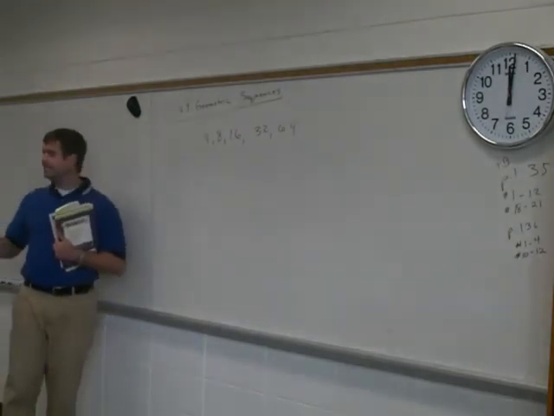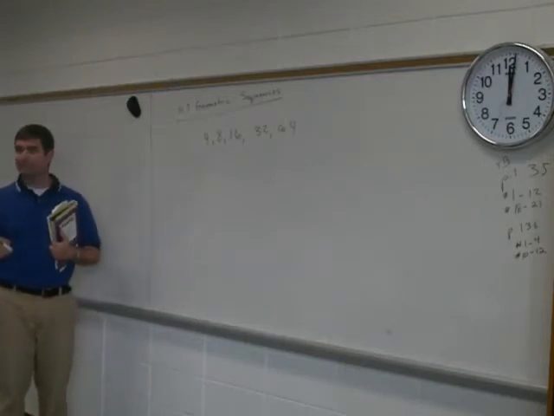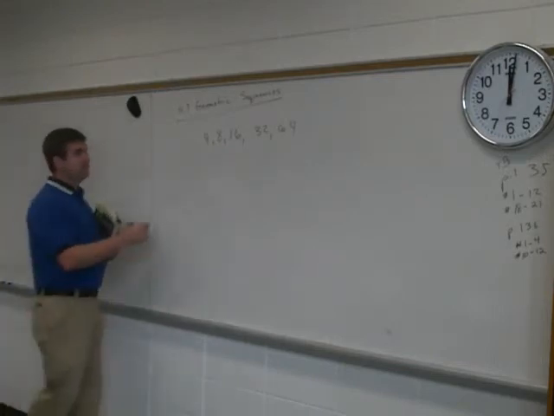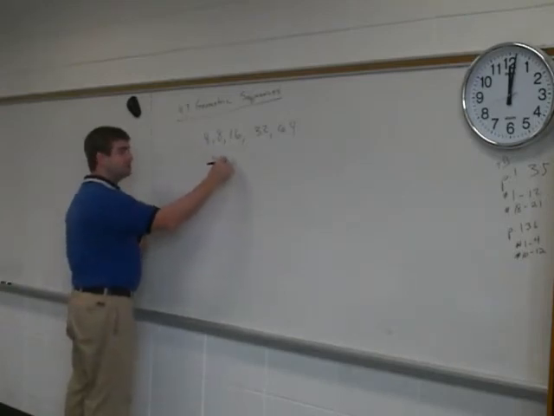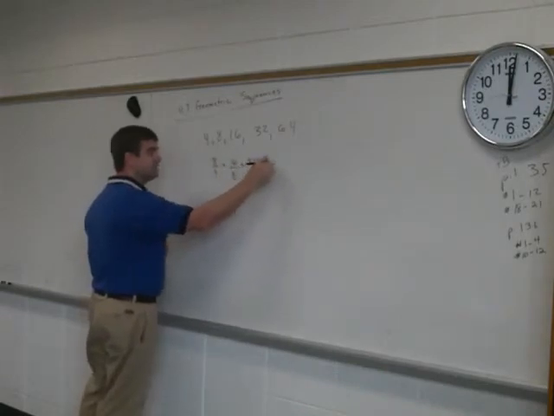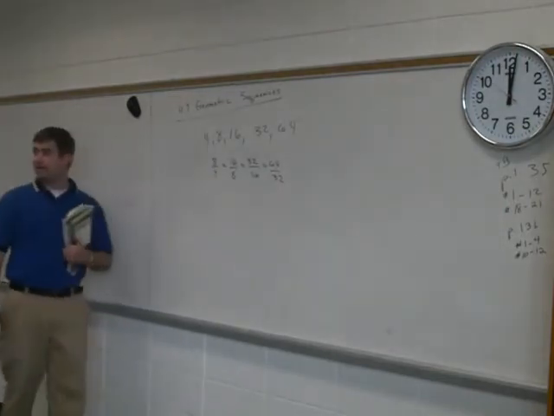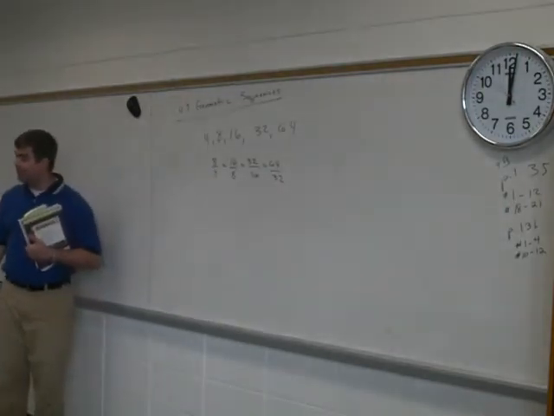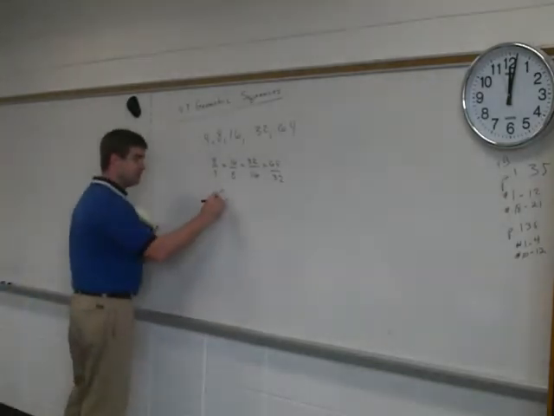It seems like you would figure out what you're multiplying by, but that's not it. Watch and pay attention. You have to come up with a ratio. The ratio is, you're going to say 8 over 4 is equal to 16 over 8 is equal to 32 over 16 is equal to 64 over 32. If all of those work and they are the same ratio, then the answer to is it geometric would be yes.